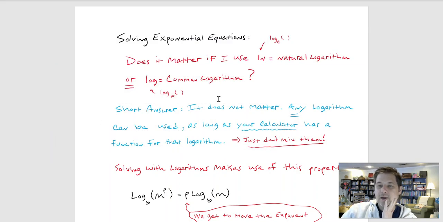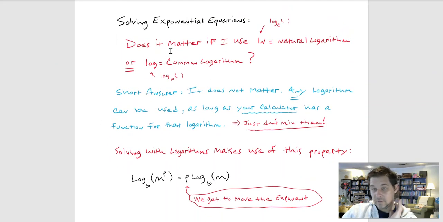But the answer to that question, does it matter, is that it does not matter. That's the short answer. It makes no difference. Any exponential equation you can solve with one logarithm, you can solve with any of them. Any logarithm can be used as long as your calculator has a function for that logarithm.